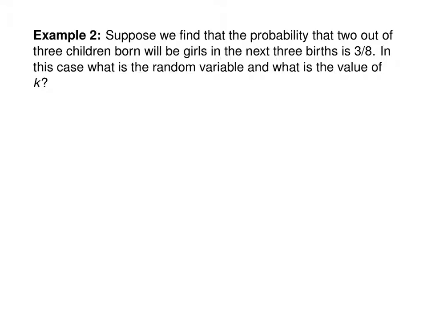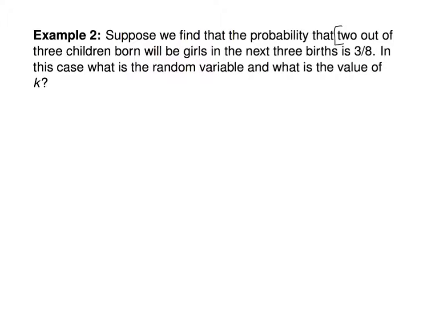Suppose we find that the probability that 2 out of the 3 children born will be girls in the next 3 births is 3/8. In this case, what is the random variable and what is the value of k? This one's a little bit confusing, but I think we can figure it out.